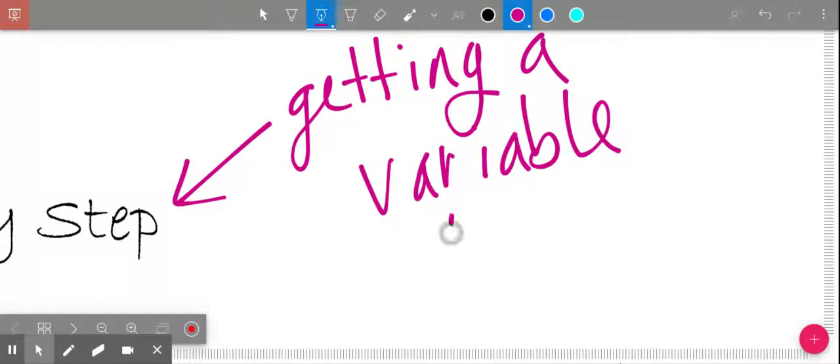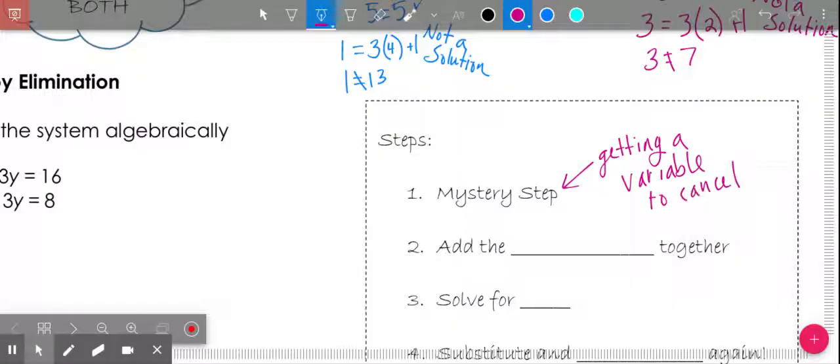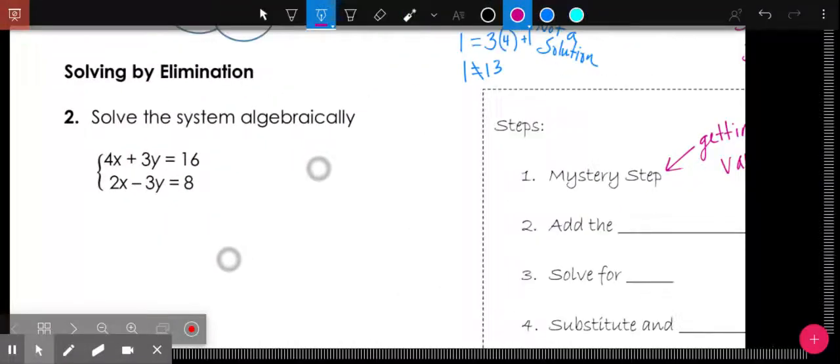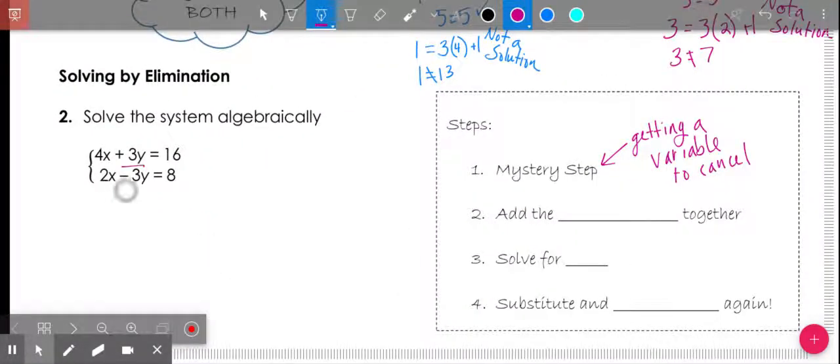So getting a variable to cancel. And what I mean by that is if we look at this problem, notice that I've got 3y and negative 3y. When I add those together, they cancel out. So that's why I don't have to do the first step, because I'm already there. I'm already where something is going to cancel out.